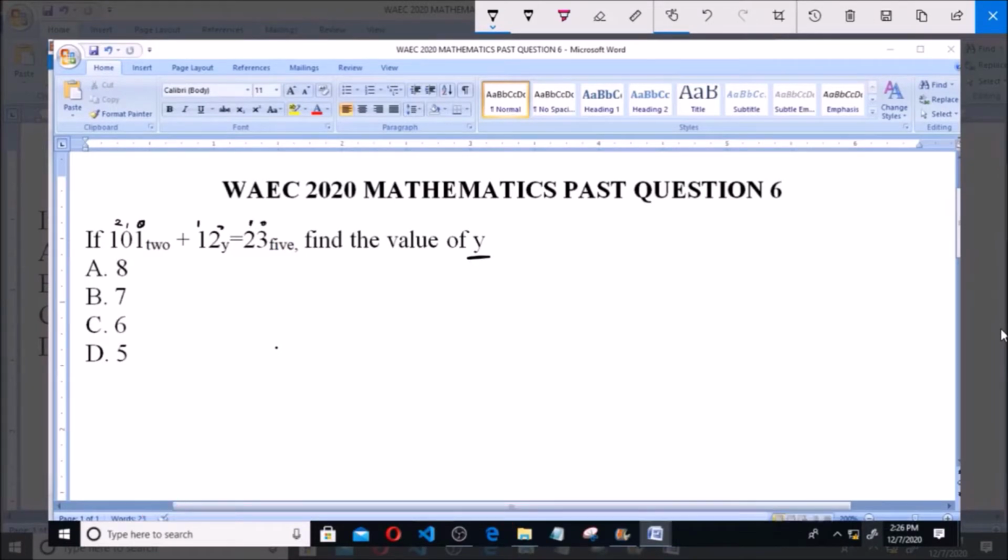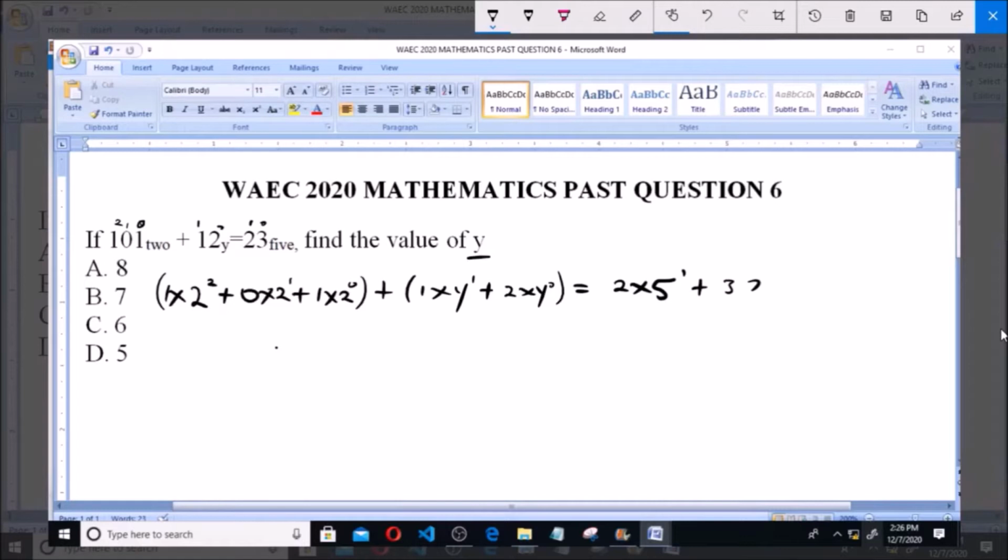So for here we'll have 1 times 2 raised to the power of 2 plus 0 times 2 raised to the power of 1 plus 1 times 2 raised to the power of 0, plus 1 times y raised to the power of 1 plus 2 times y raised to the power of 0 is equal to 2 times 5 raised to the power of 1 plus 3 times 5 raised to the power of 0.